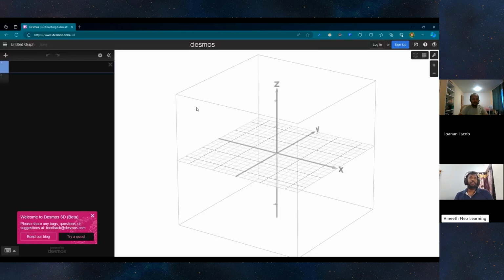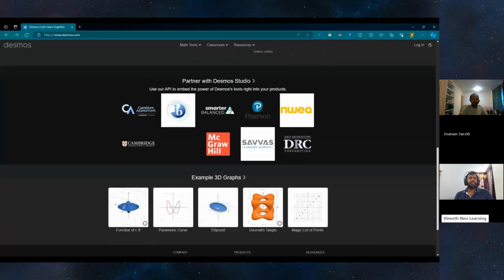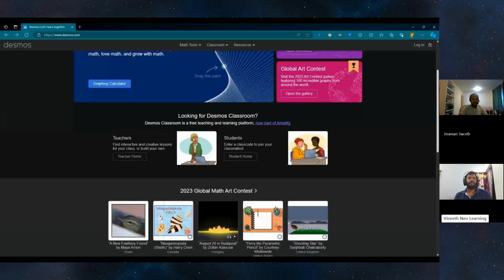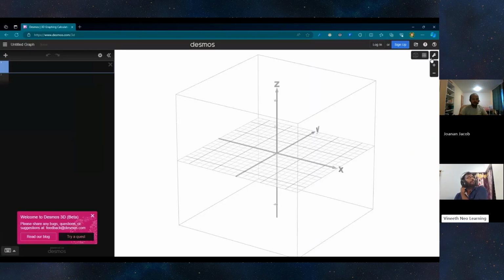I use it often. They have many global math art contests. Desmos Studio is sponsored by Cambridge and other publications. Let's use their new 3D graph plotter.